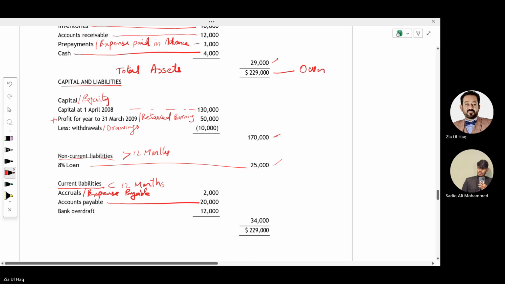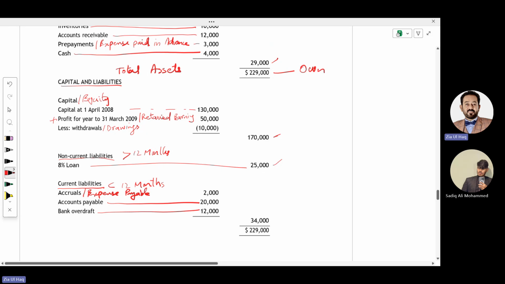And the bank doesn't allow this facility to all people, they allow it to some people or some companies. And the bank charges interest on this overdraft as well. So what is this bank overdraft? Our negative balance at the bank. So that will also be called a current liability, meaning we owe this amount to the bank.